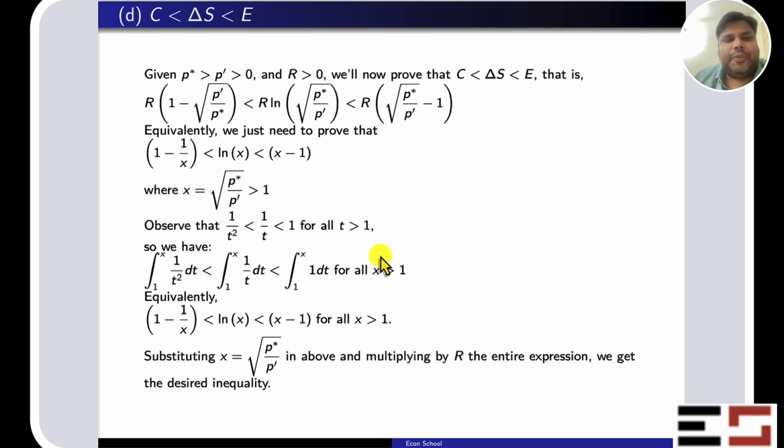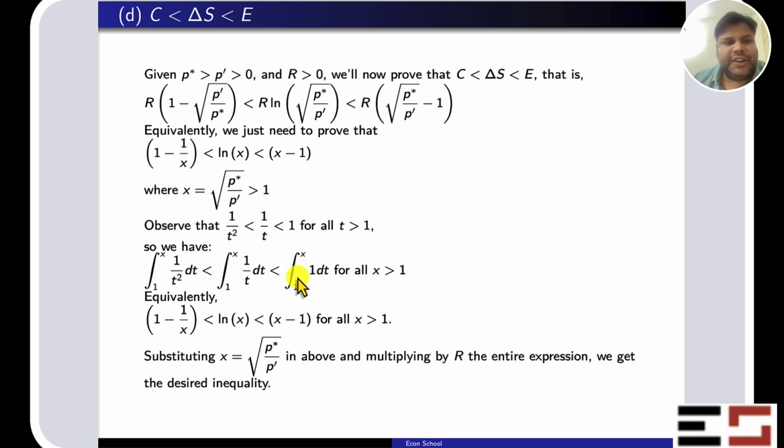That's true for all x greater than 1 because this is true for all t greater than 1. The definite integral will respect the same inequality as long as the lower limit is smaller than the upper limit. As long as that's true, this inequality also holds for the integral.